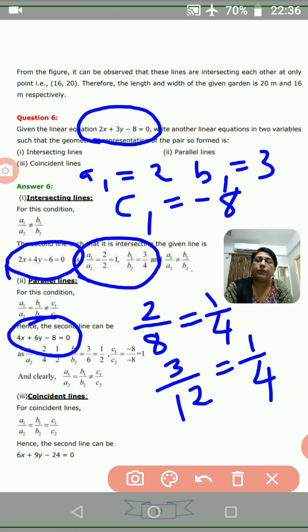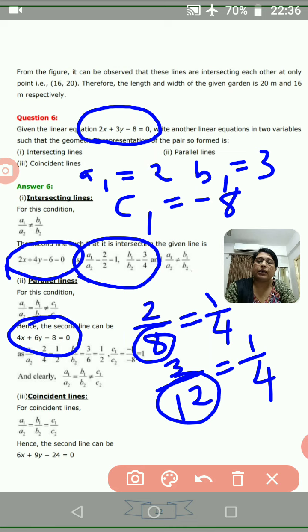But another equation for parallel lines you can write: 8x plus 12y minus 4 is equal to 0, or minus 2 or minus 3. Take an odd number, then you will get c1 upon c2 not equal to 1 upon 4.